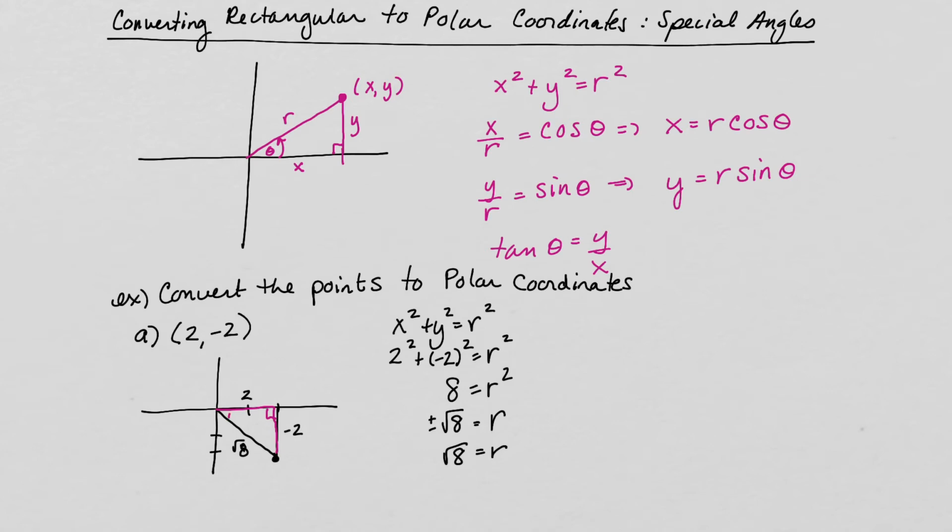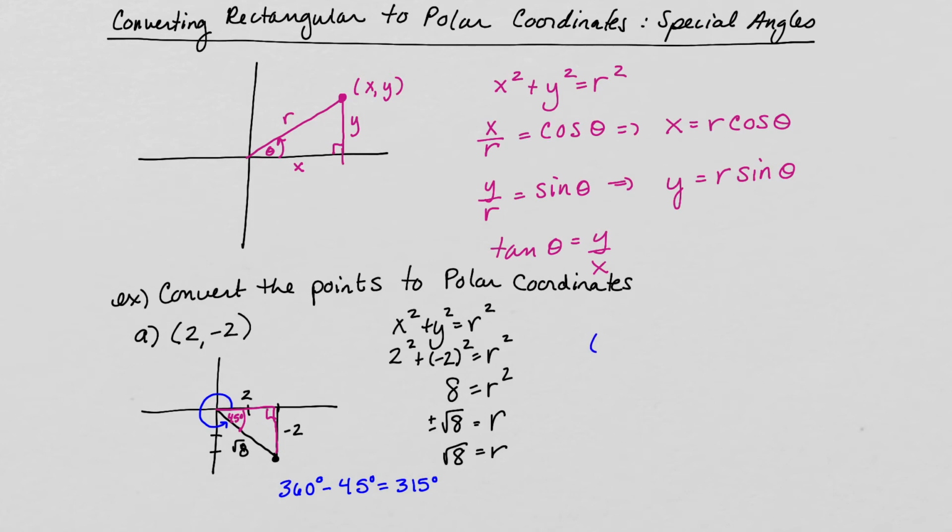What that means is this is a 45, 45, 90 triangle. So if that pink angle there is 45, we're interested in the angle that rotates this way, so that's going to be 360 degrees minus the 45 degrees, which is going to be 315 degrees.